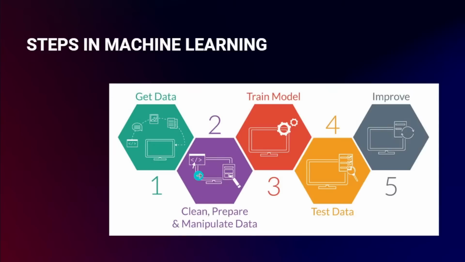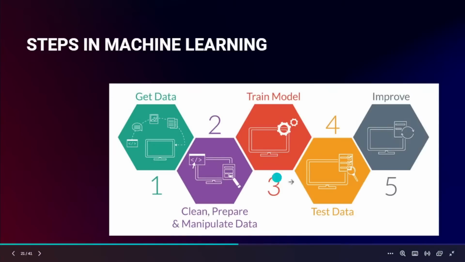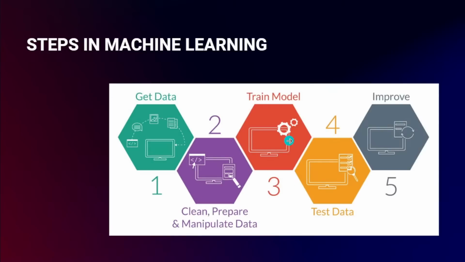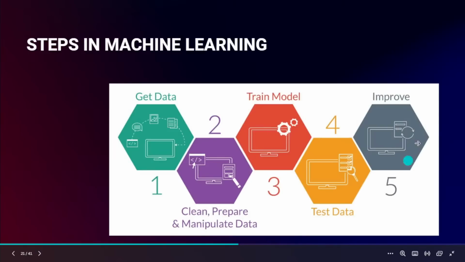Once you are done with it, you can give it to your machine learning algorithm or model. So what it will do, it will learn, right? And then you can give a test for it. Once it has learned, you can give a test and check whether it is performing well or not. Just like in schools, we used to teach the students and give them a test, right? That's what we are going to do with this model, and we'll be comparing whether it is good or not. If it's bad, you want to come back and do some more processing or change the model and improve your accuracy.